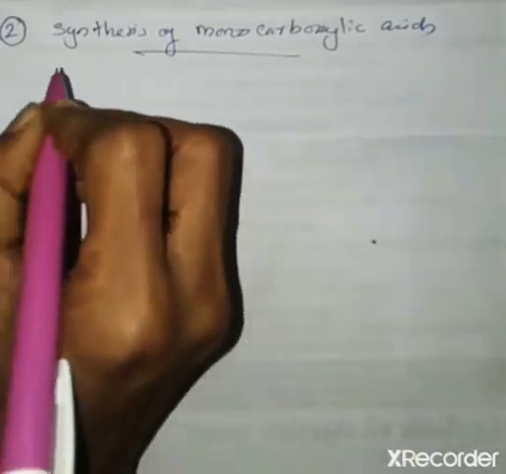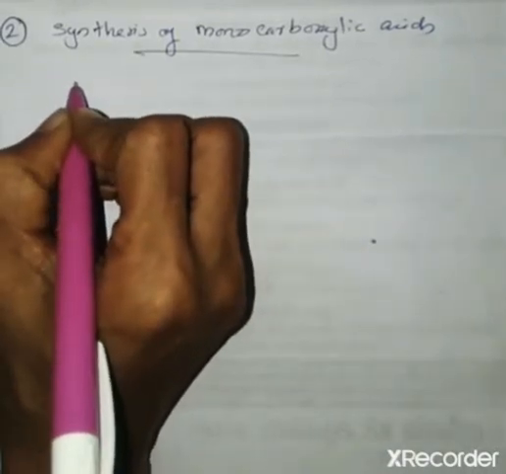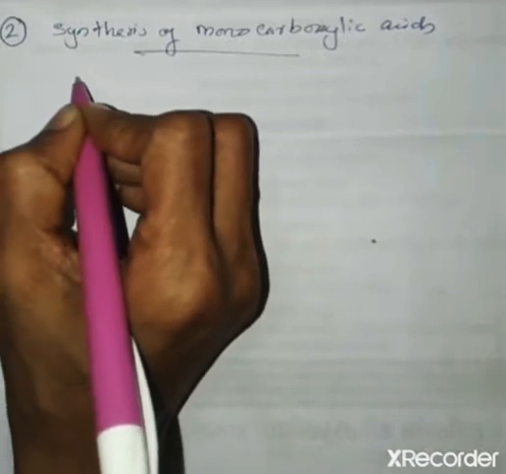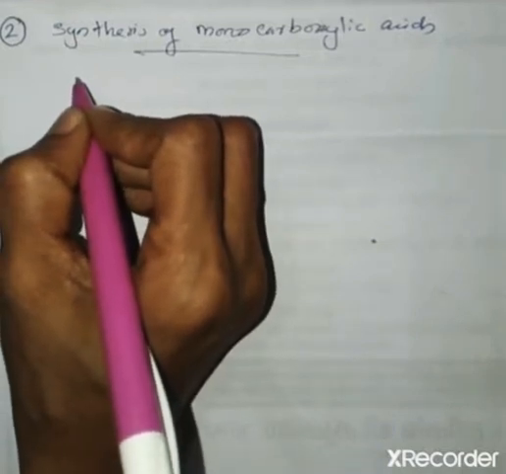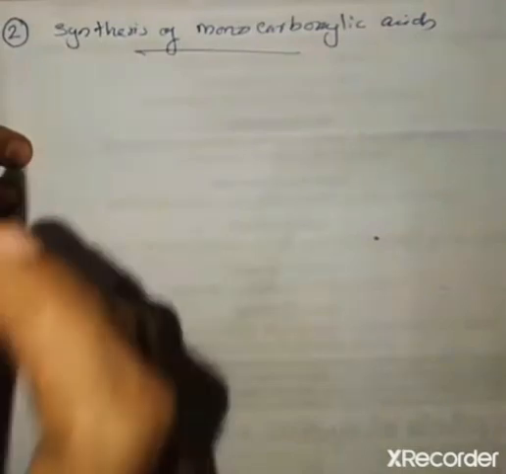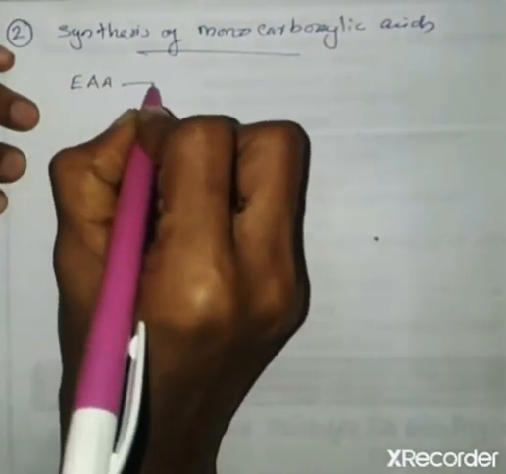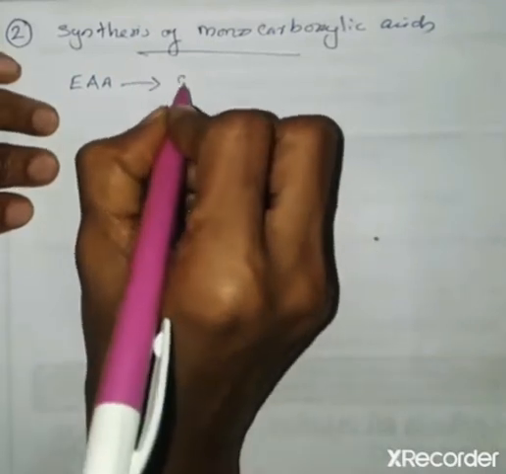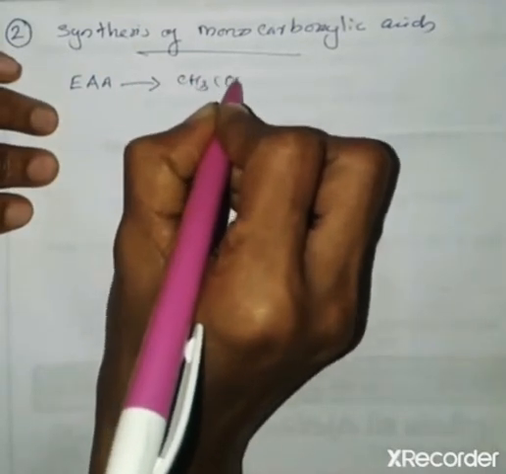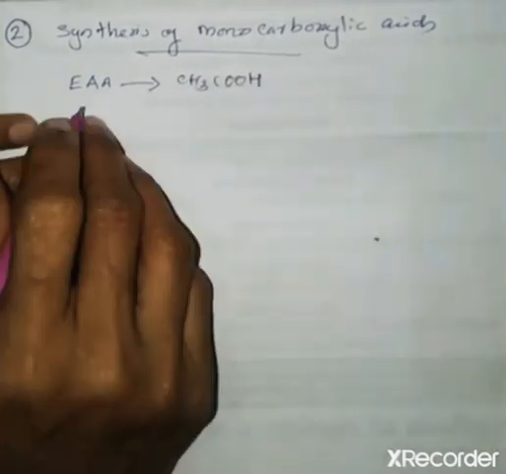First, how can we convert ethyl acetoacetate into acetic acid, CH3COOH? Okay.